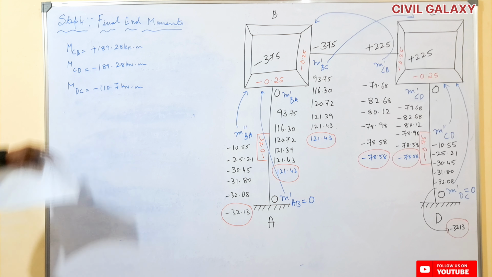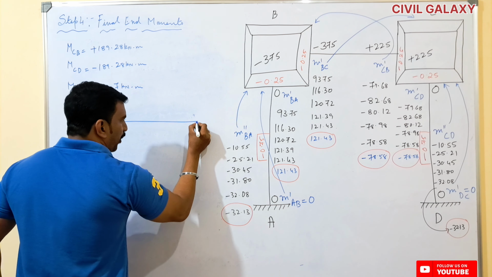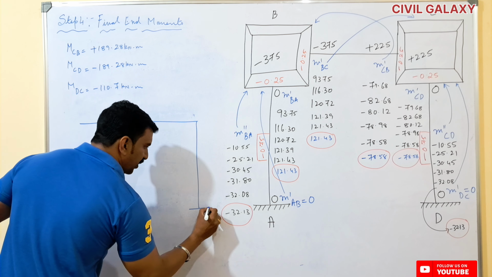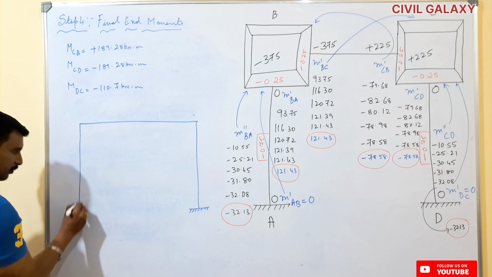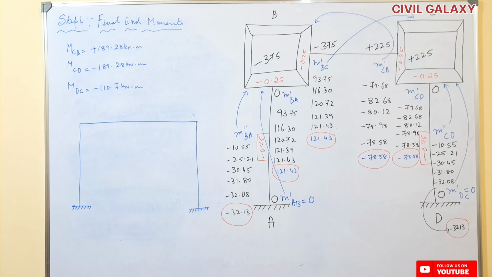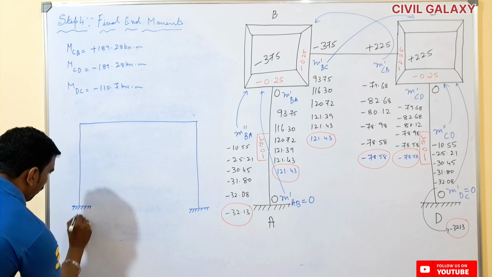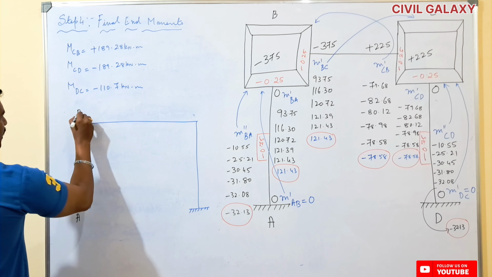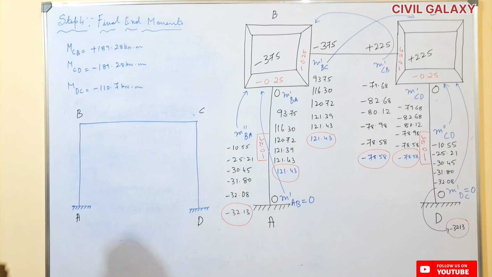So now if you want to represent the final end moments as per the problem whatever we have taken, this is the frame we have considered over here. Sorry, this is point A, this is point B, this is C, and this is D over here.